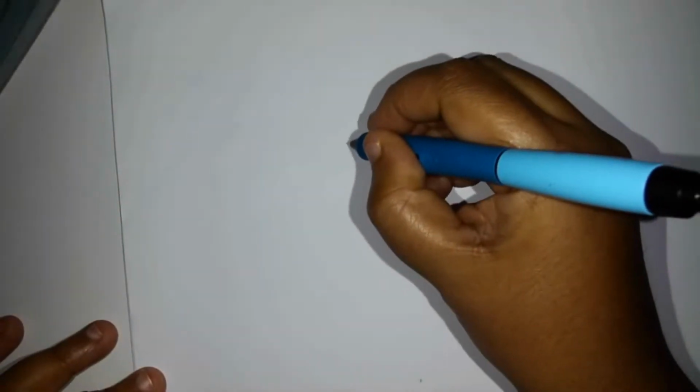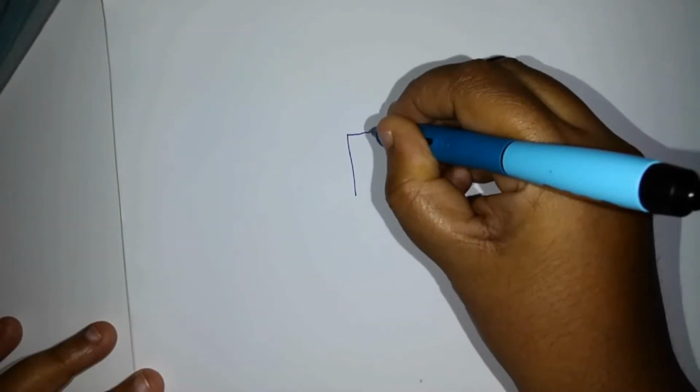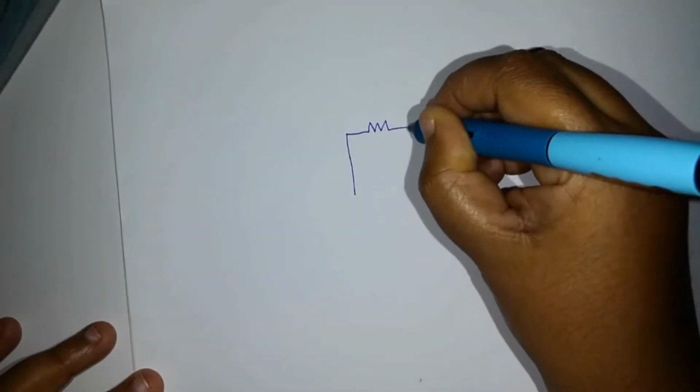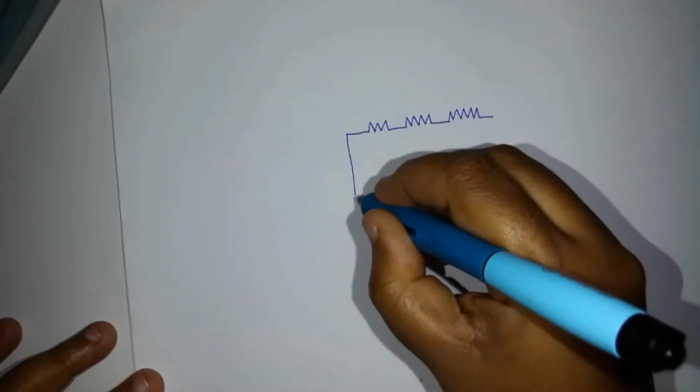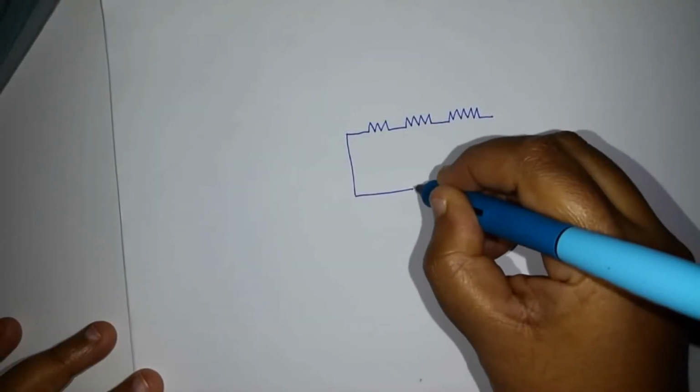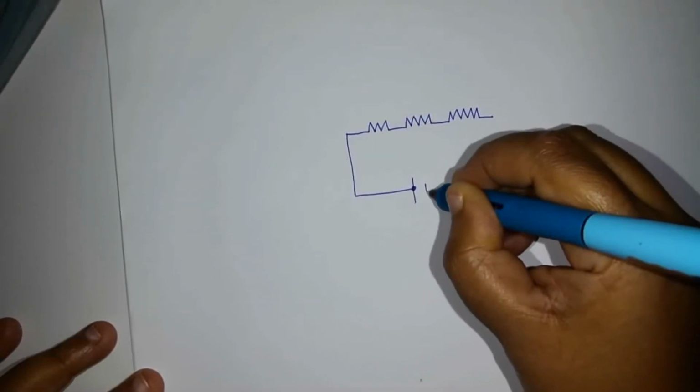Another application of Kirchhoff's law will be for resistors in series and in parallel. Kirchhoff's law is applied in the derivation of the expression for the equivalent resistance of resistors connected in series and in parallel. So I'm going to show you an example. I'm going to draw 3 resistors, which are connected to a power supply.